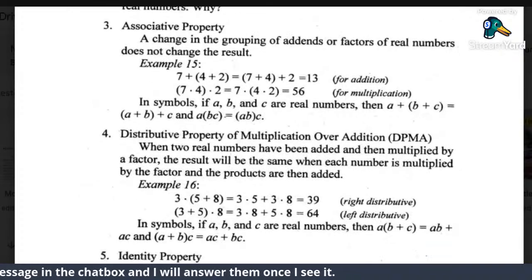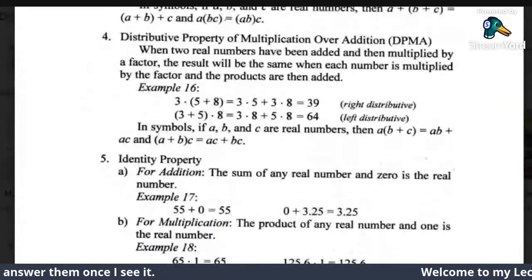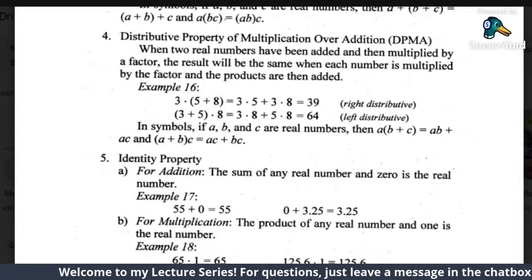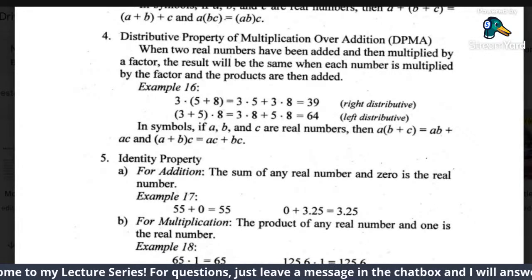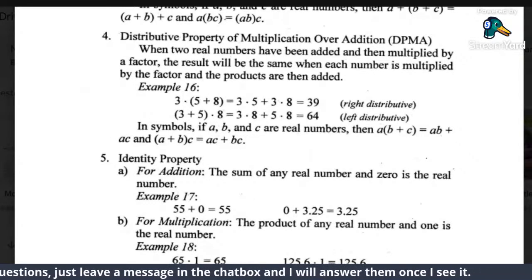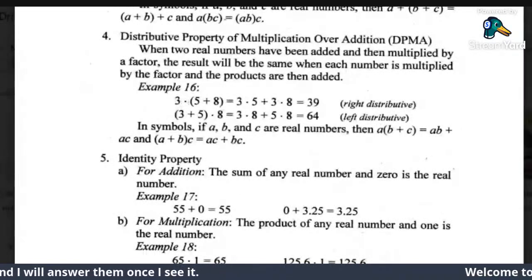Now we have DPMA, or distributive property of multiplication over addition. When two real numbers have been added and then multiplied by a factor, the result will be the same when each number is multiplied by the factor and the products are then added. Let's illustrate that. Here we are making use of multiplication and addition.